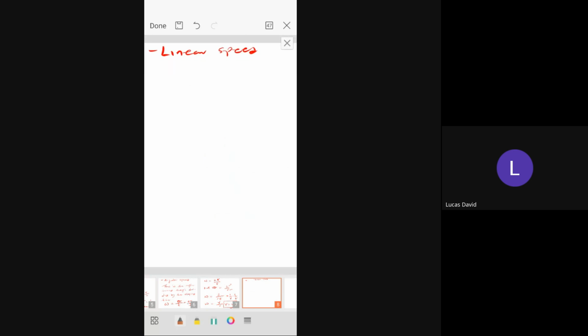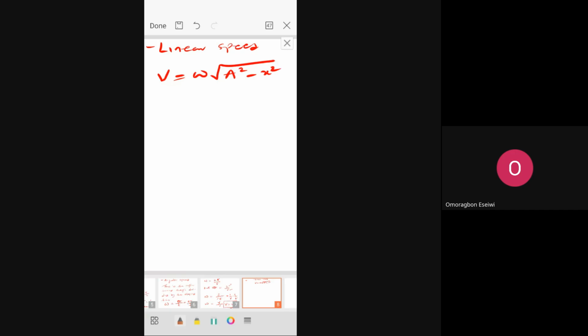This linear speed can be calculated by a formula: V is equal to omega square root of a squared minus x squared.